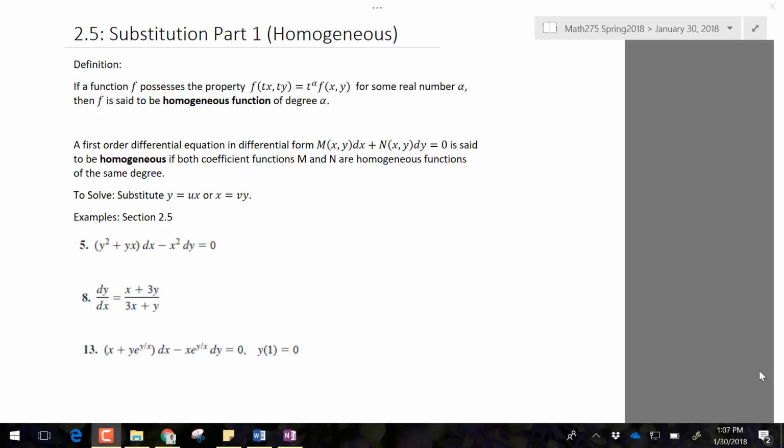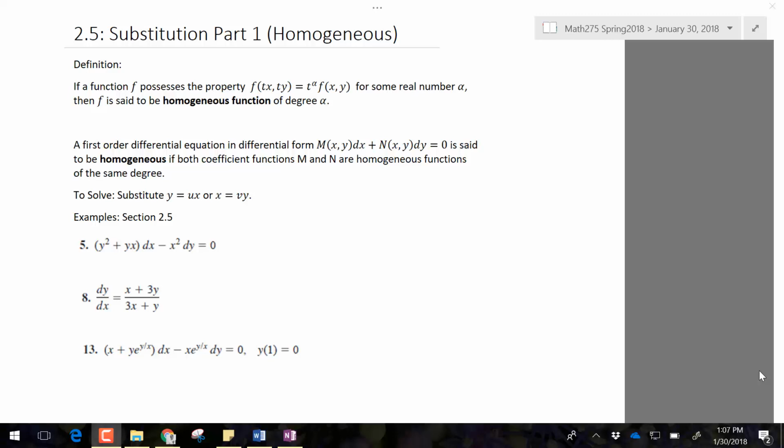So there's two ways to approach a substitution. One is to replace the y with u times x, or the other one is to replace the x with v times y. And sometimes, most of the time, one is easier than the other.